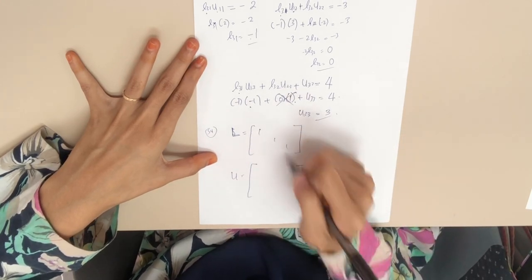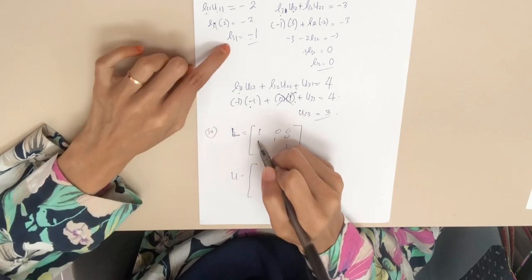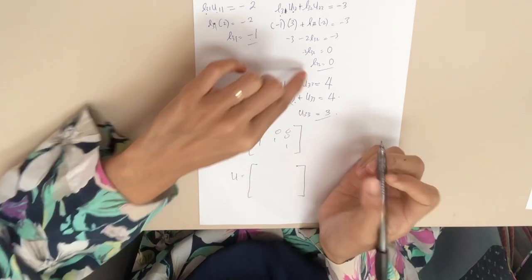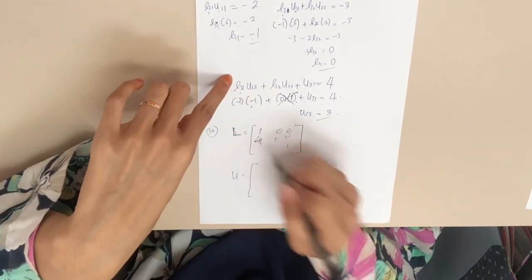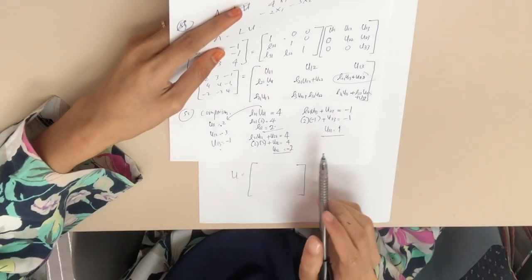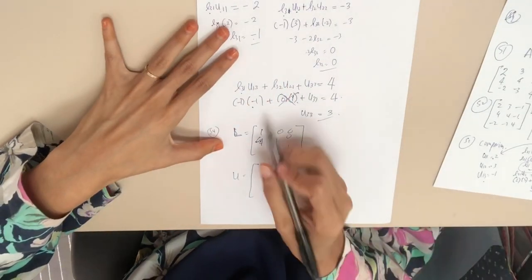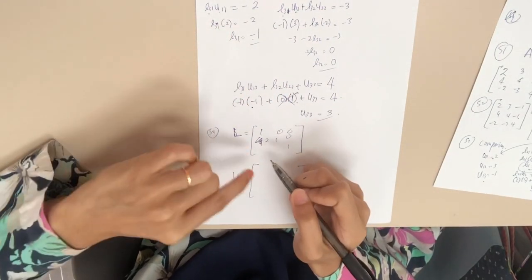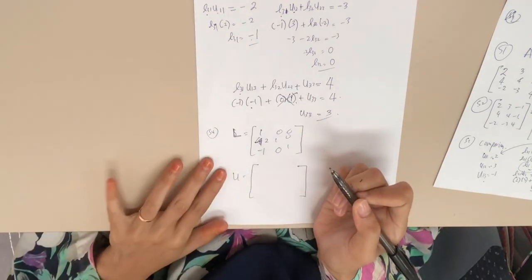So just now this is your matrix L. So L31, where's it? Okay, -1. Where's your L32? L21 first. Where's your L21? Okay, L21 here is 2. L31 is -1 and L32 is 0.